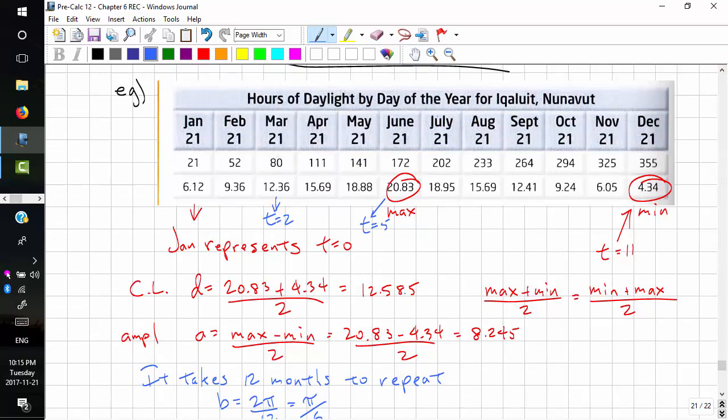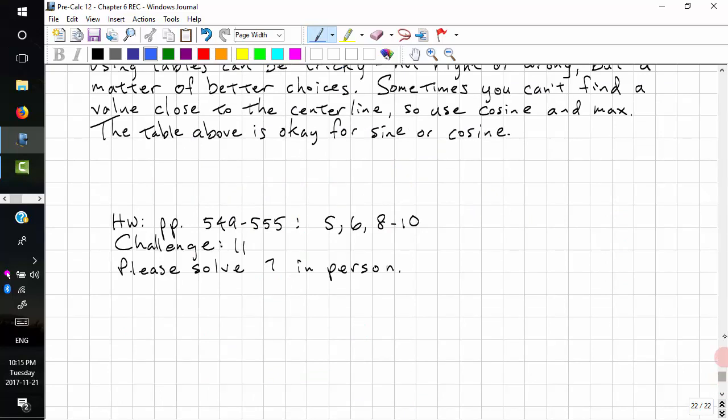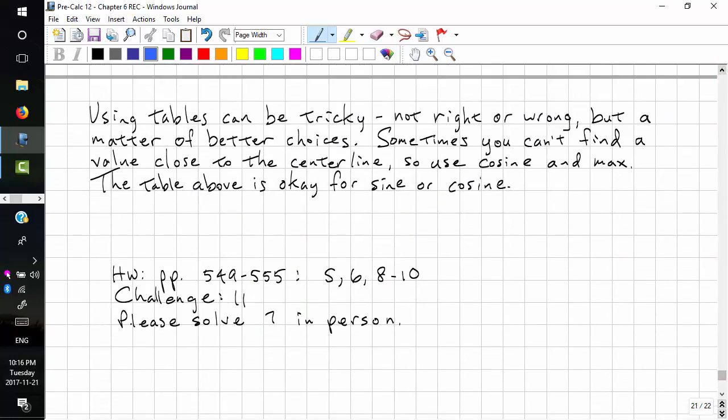Some of these tables don't model quite nicely, so if you have a value like 11.5, that's too far away from the center line. I would use cosine to model it, and that's what this comment is about. So if you can't find a value that's close, use cosine. And that completes this lesson and chapter.